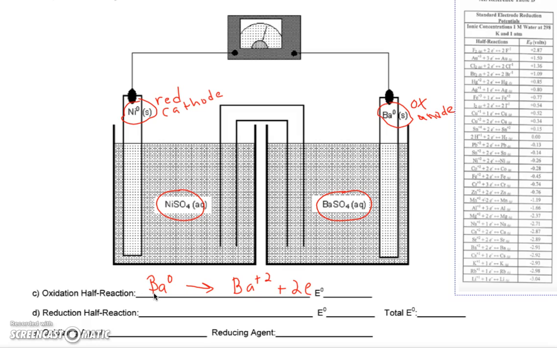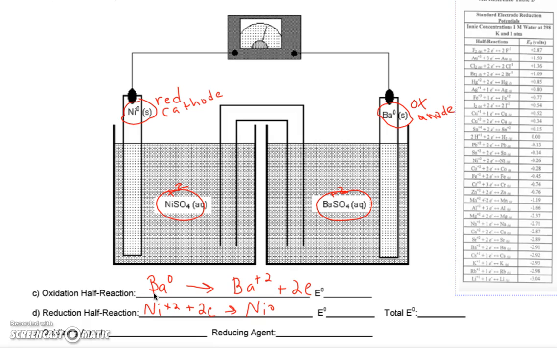The reduction half is going from Ni2+, gaining 2 electrons, turning into Ni0. Now you might be wondering where I got the charges of the barium ion and the nickel ion from, and that's from this formula, barium sulfate. It is a positive 2 in this ionic compound, and nickel also is a positive 2. So that's where the positive 2s are coming from.